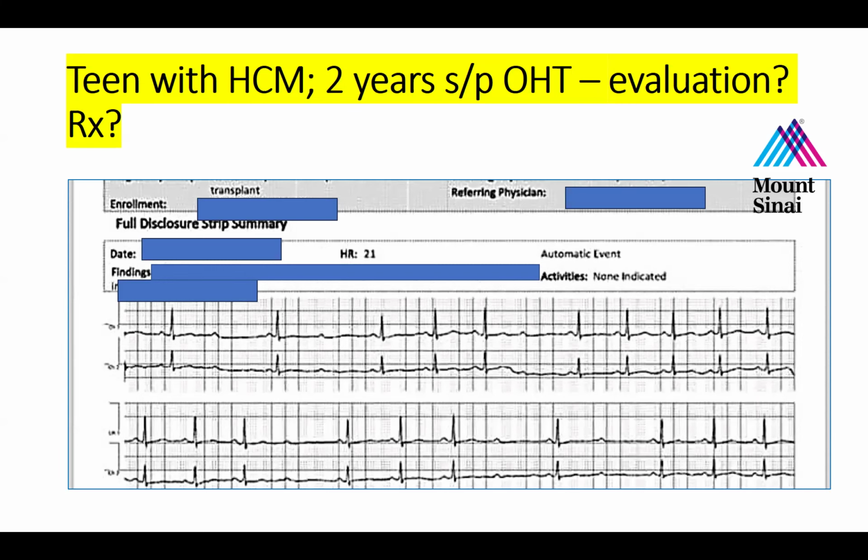So what do you think could be going on here? What do we worry about? I'm going to ask our transplant expert, Dr. Marshall, what she thinks about this in a patient who had a heart transplant 2 years ago, was doing well, and now is not. First, to your point about whether it's Mobitz type 1 or Mobitz type 2, if it was Mobitz type 1 and the patient was sleeping or something, that's okay.